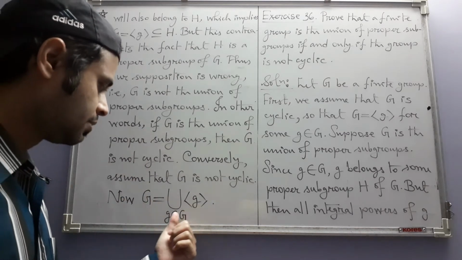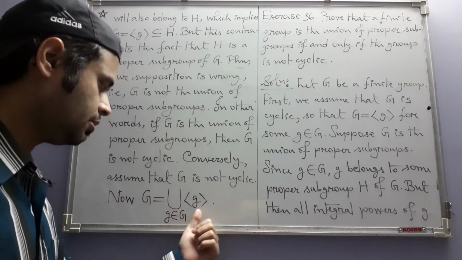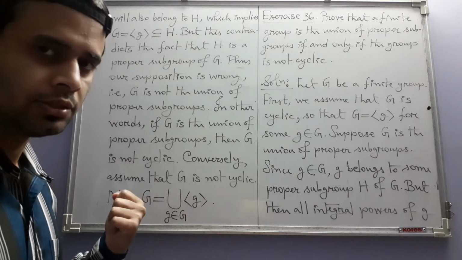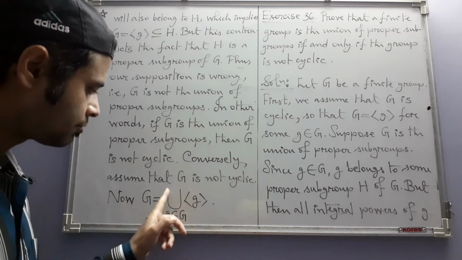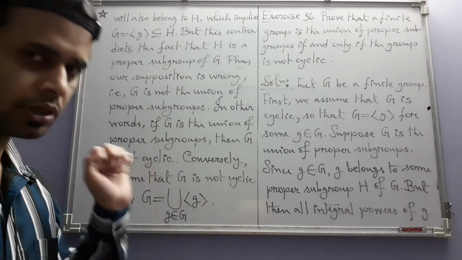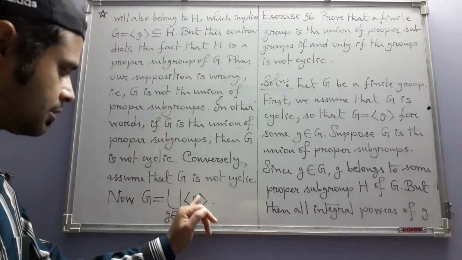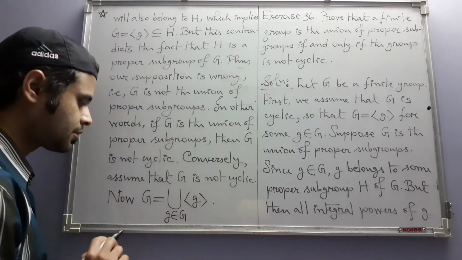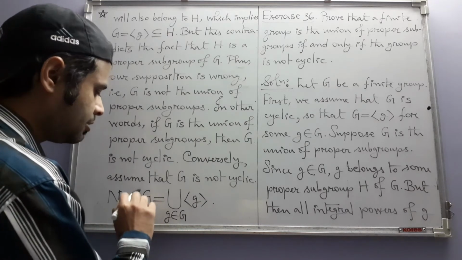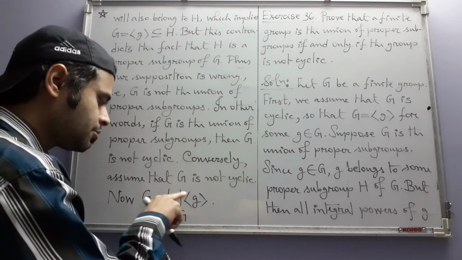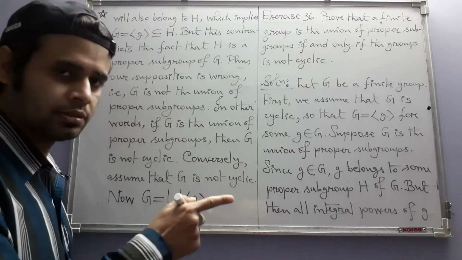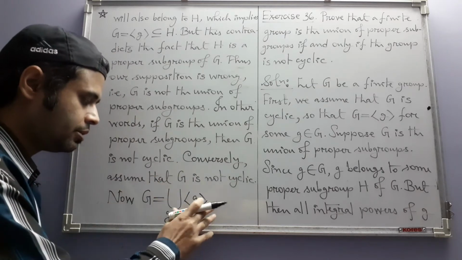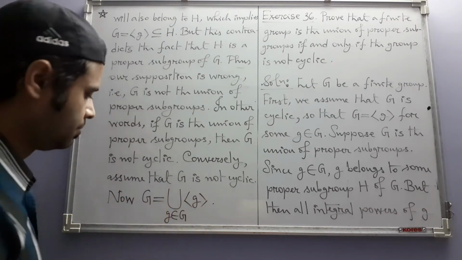First of all, for any element g belonging to G, the cyclic subgroup generated by small g is of course contained in G. So the union of all such cyclic subgroups is contained in G. The right hand side is a subset of G. That is trivially true. Conversely, if you take any element in G, then that element belongs to the cyclic subgroup generated by itself. So that element will belong to this union. So G is also contained in this union, and that's why these two are equal.